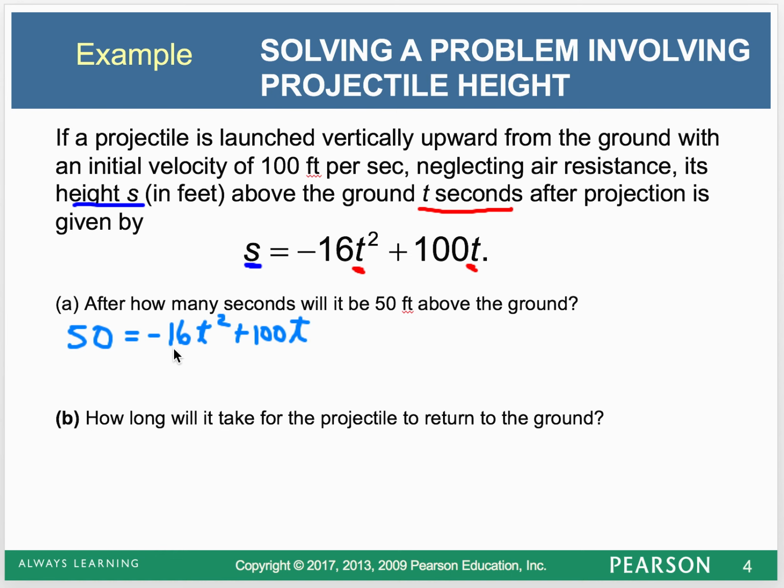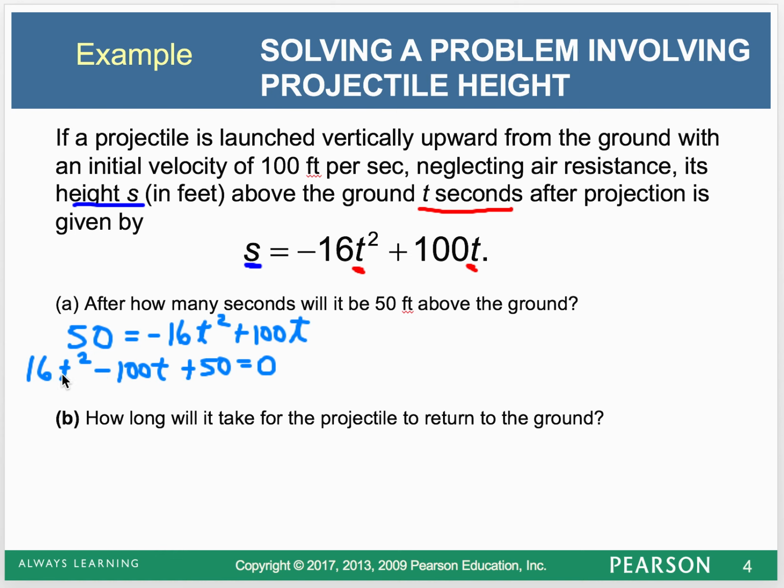So I do not like the leading coefficient to be negative. So instead of moving this over here to set it to 0, I'm going to move both of these in this direction to give us positive 16t squared minus 100t plus 50 equals 0.